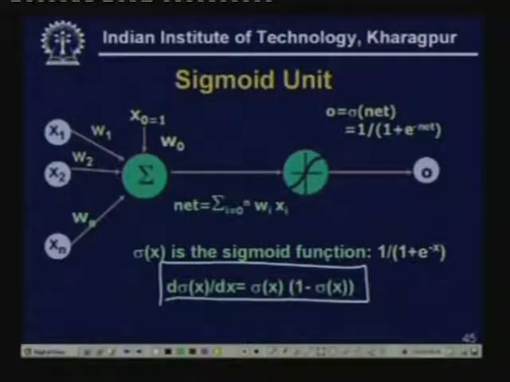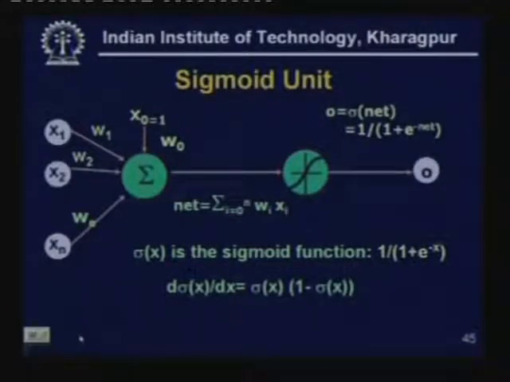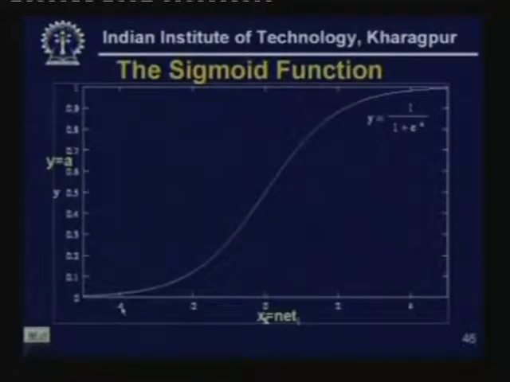This makes it very easy to compute the differentiation of the sigmoid function. In the next class we will see how a multi-layered neural network using sigmoid units can be learnt, and we will introduce backprop.